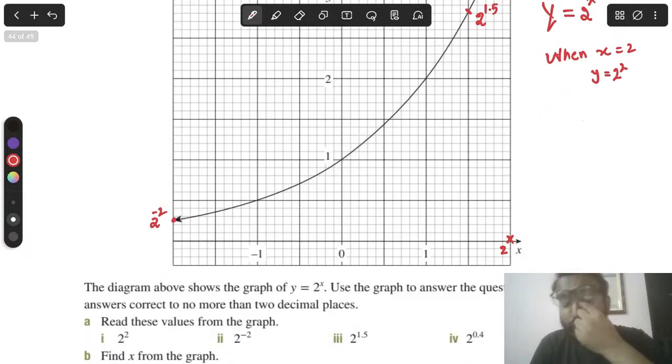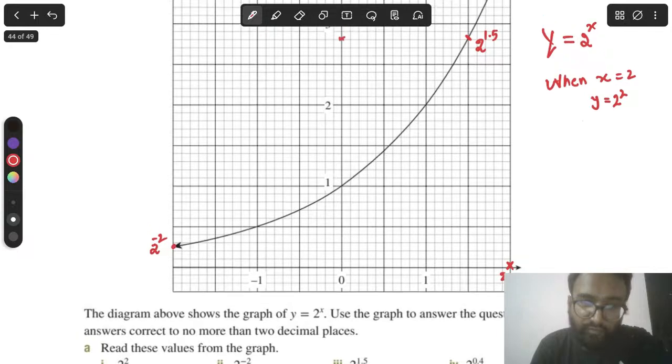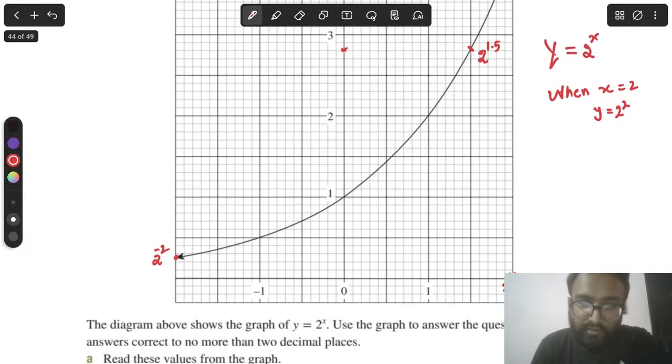So what about 2 power 0.4? It is here, 0.1, 2, 3, 4.